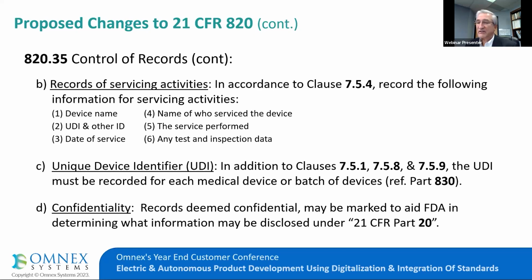You'll have to remember that anything to do with the FDA is subject to freedom of information, can be disclosed, and is available under FDA.gov. So this is your protection of privacy according to Part 20 of the CFR. So make sure you include that, or you're aware of that.